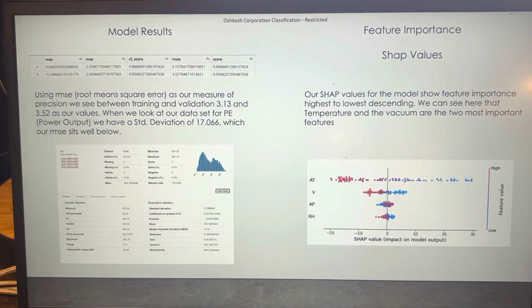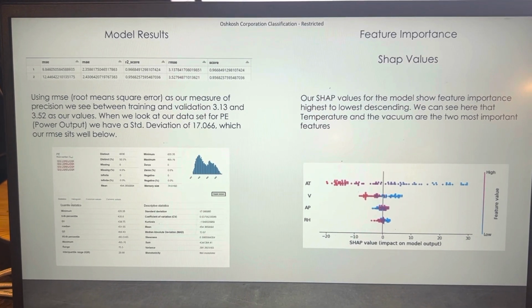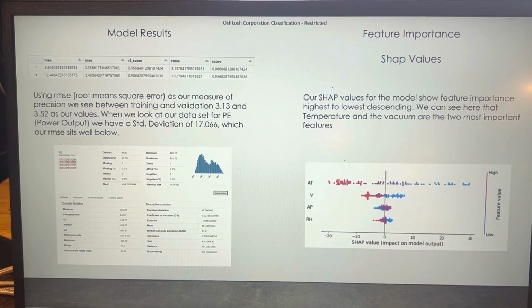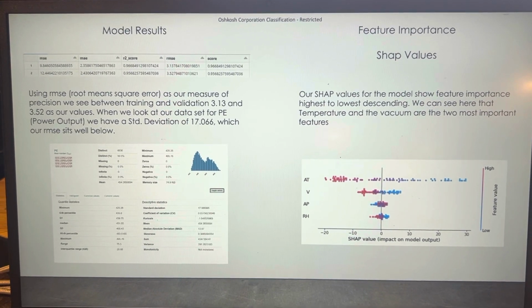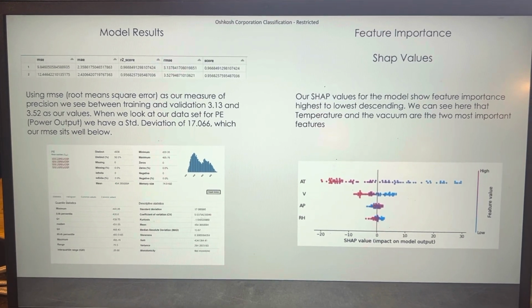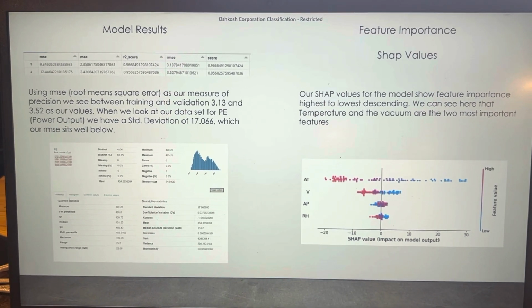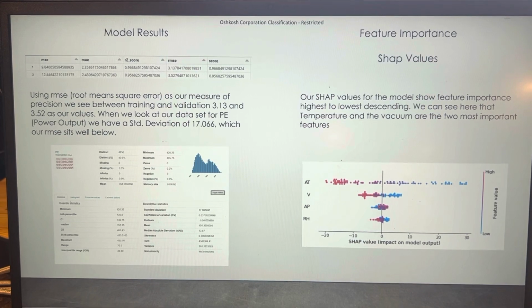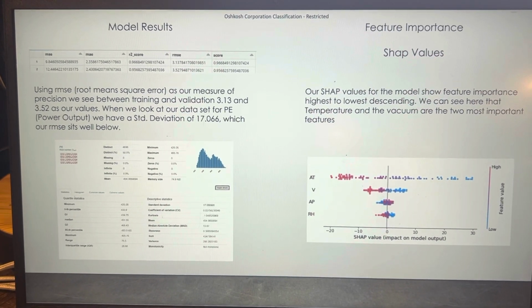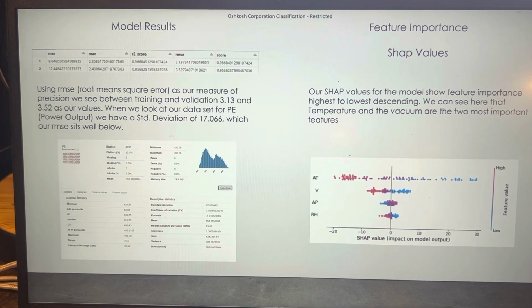All right, now to the important thing. The model was actually extraordinarily accurate and precise, and we can see that not only with the model results, but also with the feature importance, which lets us explain why the model is doing what it's doing, as well as its accuracy and precision.